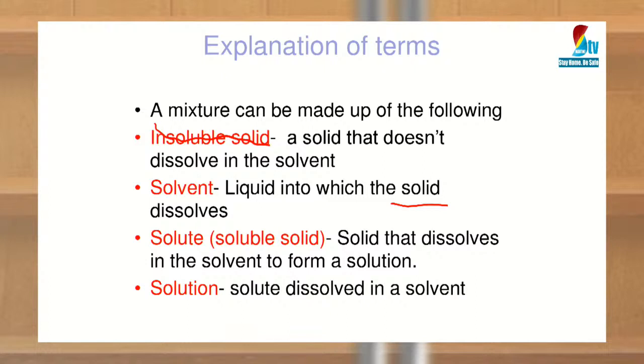And then a solute, which we can also term a soluble solid, is a solid that dissolves in a solvent to form a solution. Hence, my learner, we can say that a solution is simply a solute that has dissolved in a solvent. So take note of these terms: insoluble solid, solvent, solute, as well as solution.